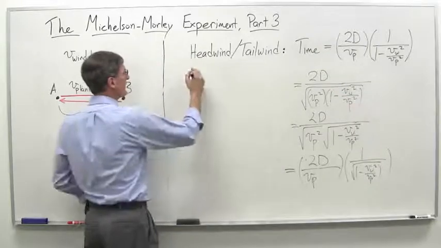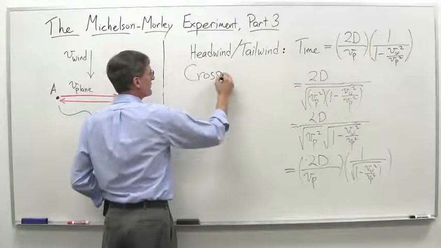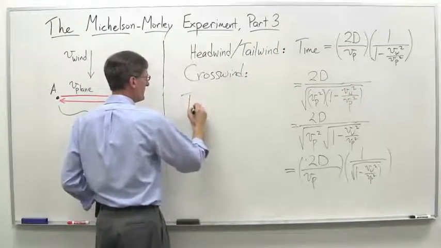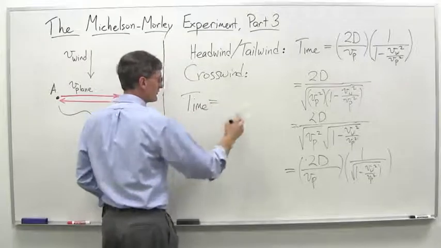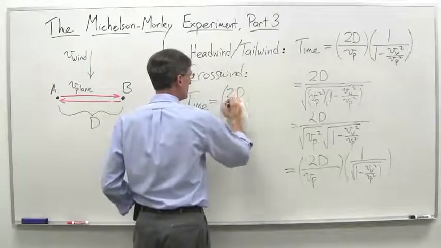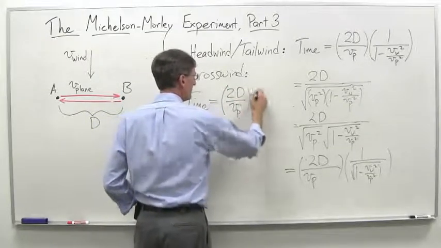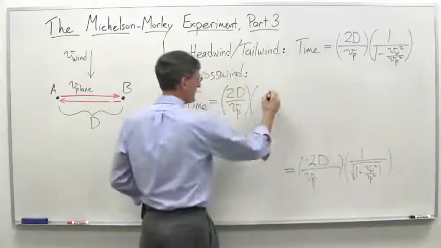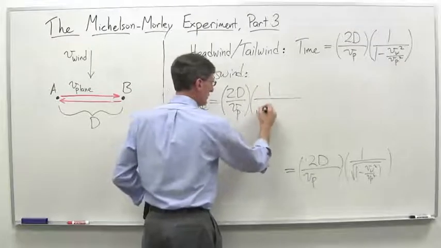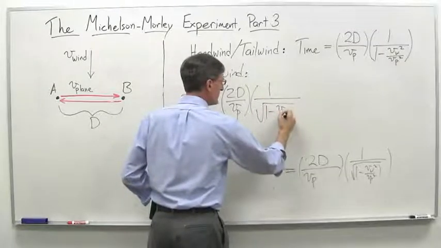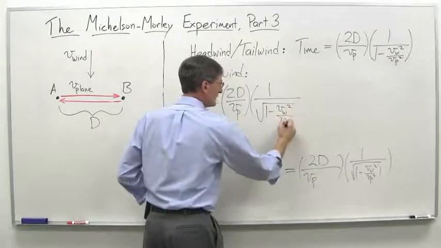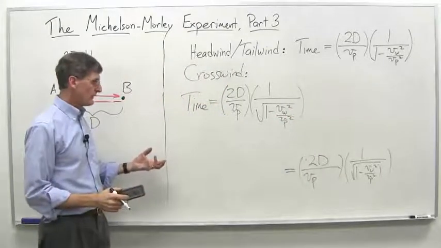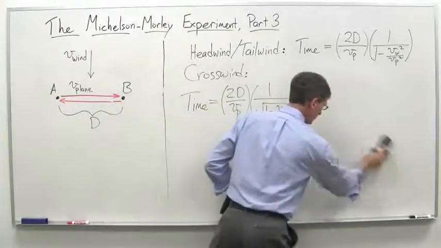So the crosswind case, because that's what we've been working on here, is time equals 2d over Vp times 1 over the square root of 1 minus Vw squared over Vp squared. And note something important here, something very interesting.